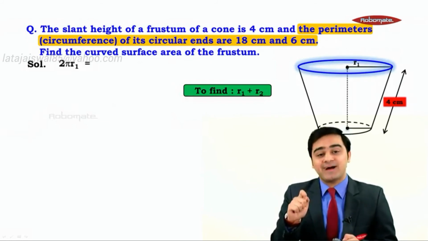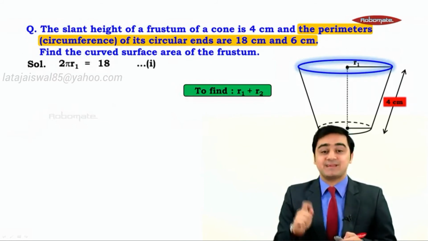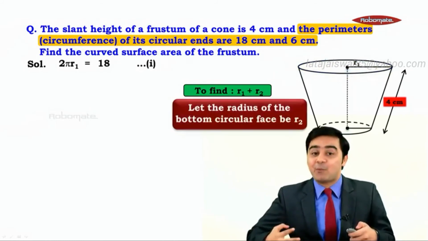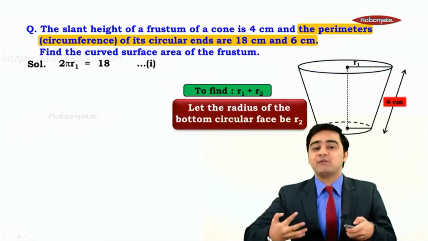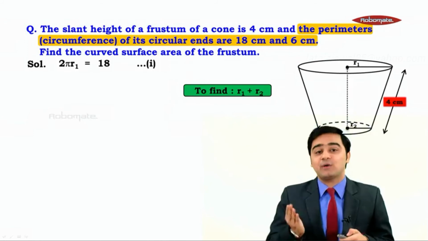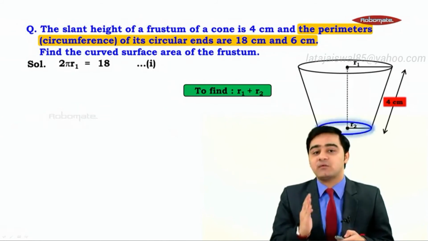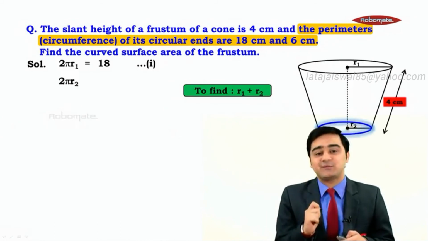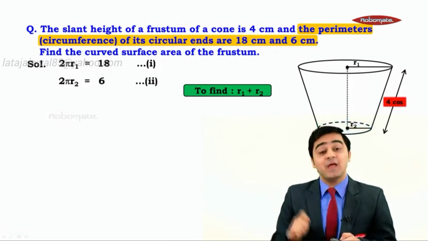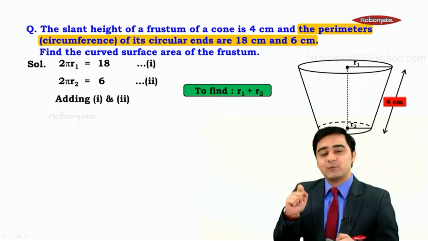So we can say that 2 pi r1 is equal to 18 centimeter, and this we can give as equation number 1. Let us now assume that the radius of the bottom circular face of the frustum of the cone is r2. If this is so, what is the perimeter or the circumference of its bottom circular face? Yes, it is 2 pi r2 and it is equal to 6 centimeter, and this we can give as equation number 2.